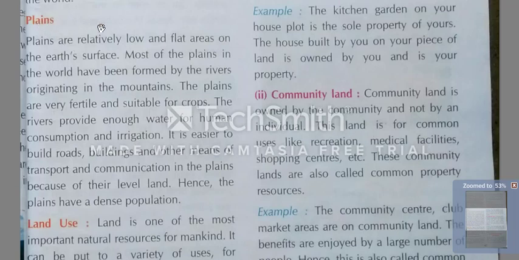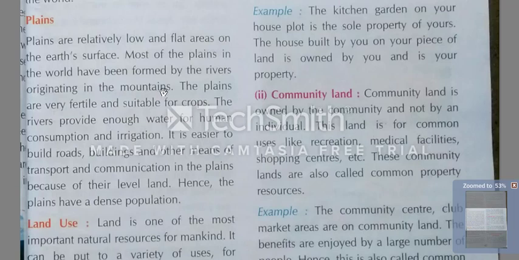Clear? Yes. Plains means field. If you are unable to understand, let me introduce that. Plains we can say field, F-I-E-L-D, field. Clear. The plains are very fertile and suitable for crops.